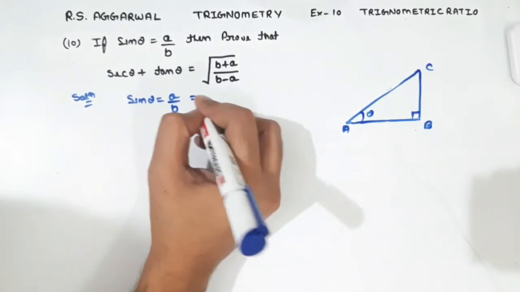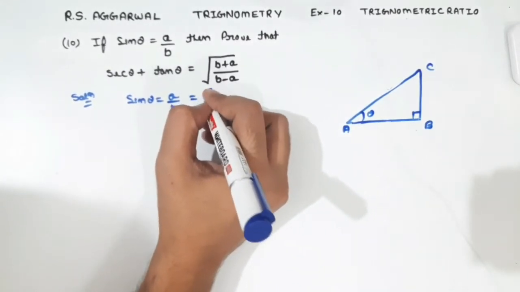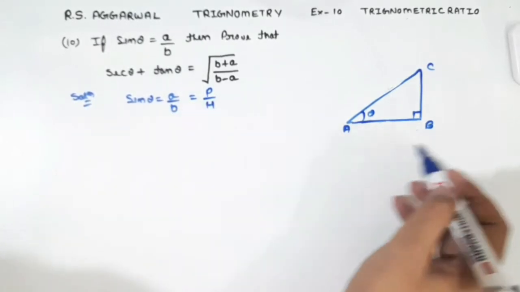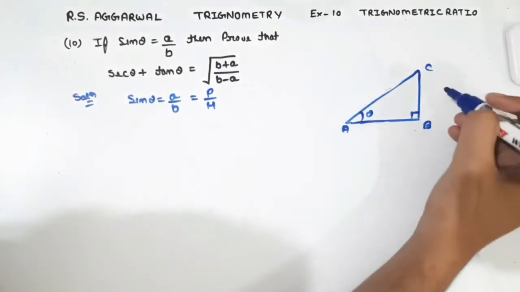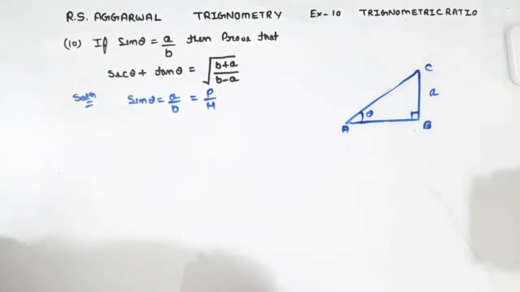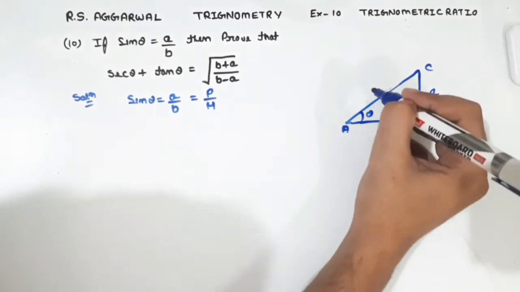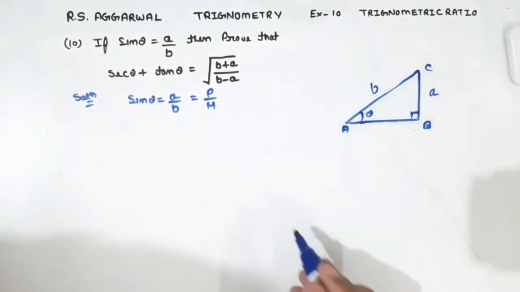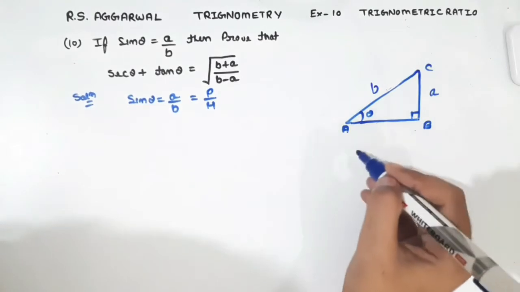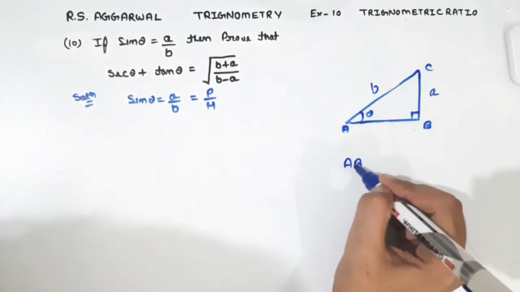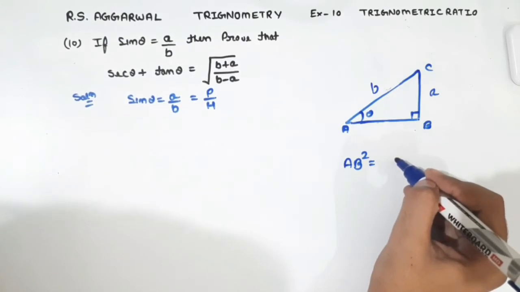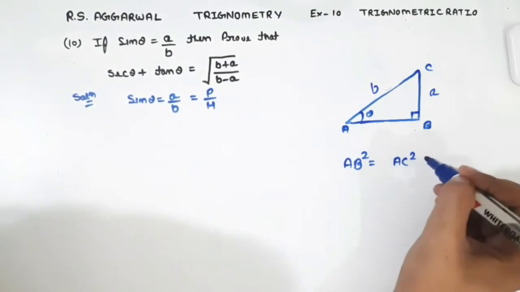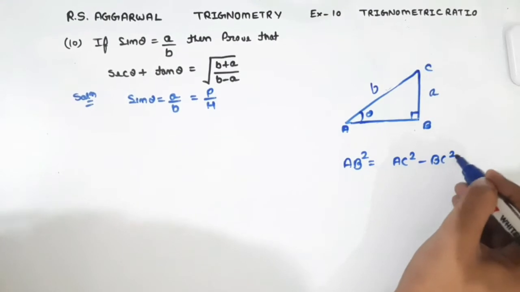So we know that sin theta is given by perpendicular upon hypotenuse. So in triangle ABC whose angle is theta, perpendicular will be BC, that is A, and hypotenuse will be AC, that is B. So our base AB square will be AC square minus BC square.